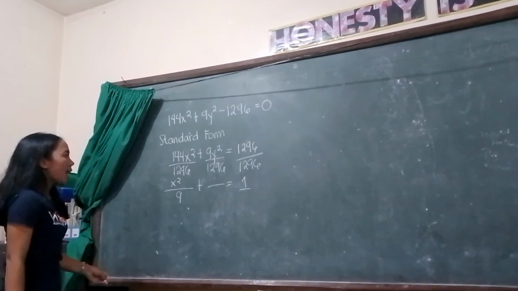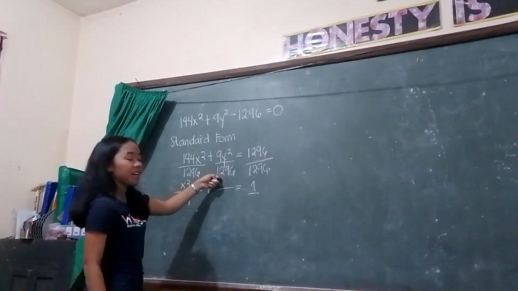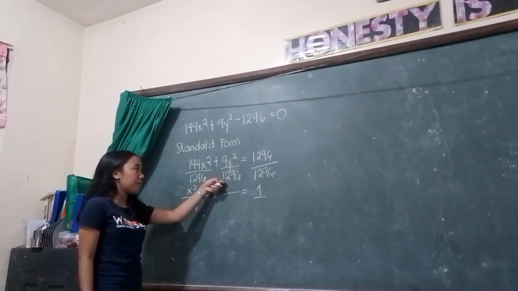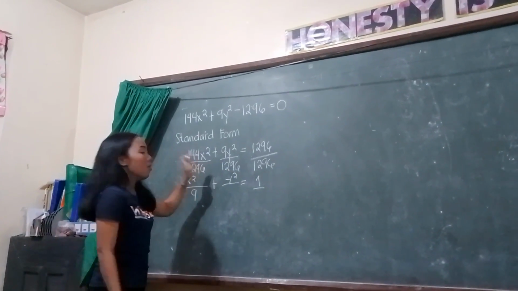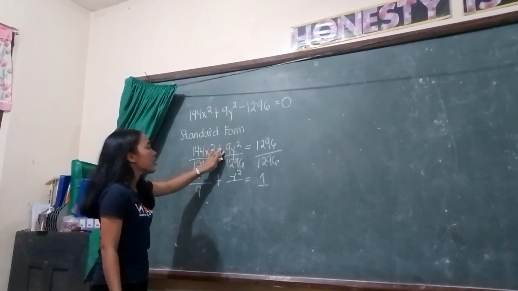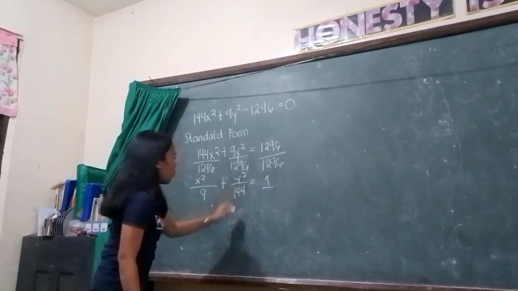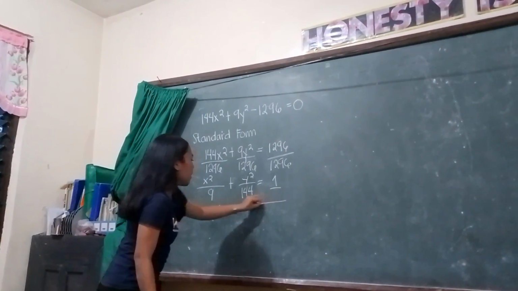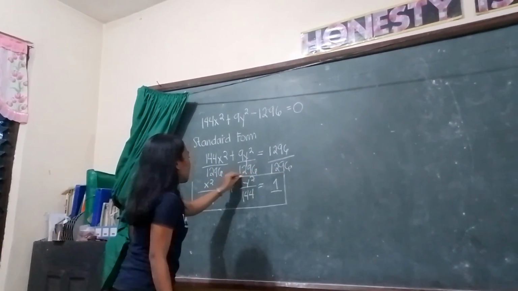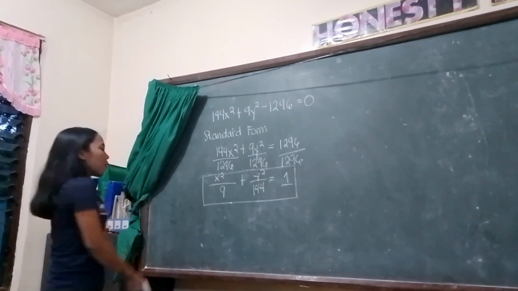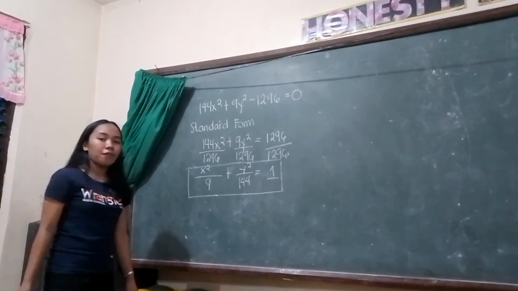And 9y squared all over 1,296 can also be divided by 9. So we have y squared all over 1,296 divided by 9 is equal to 144. So we have here our standard form, which is x squared all over 9 plus y squared all over 144 is equal to 1.